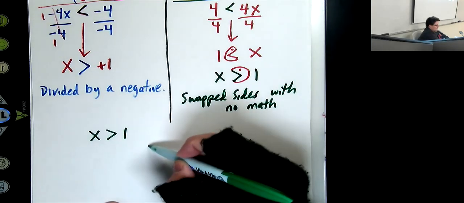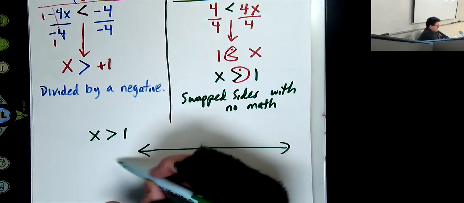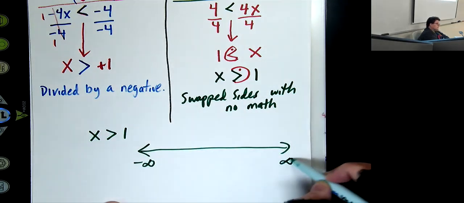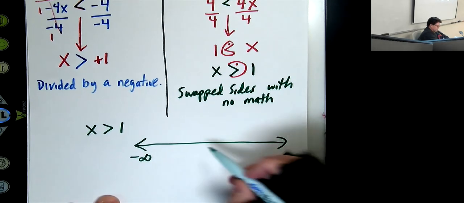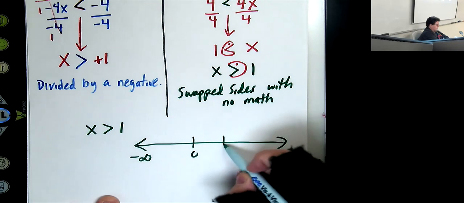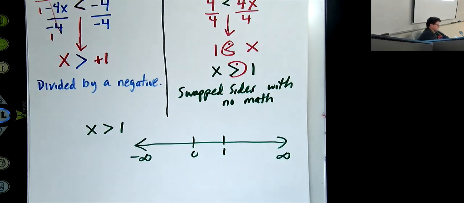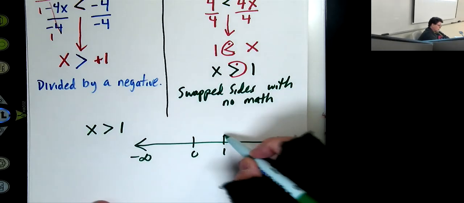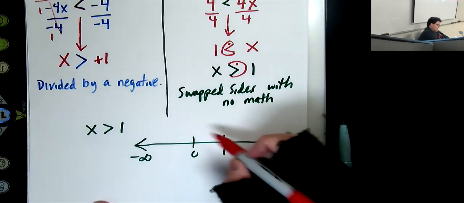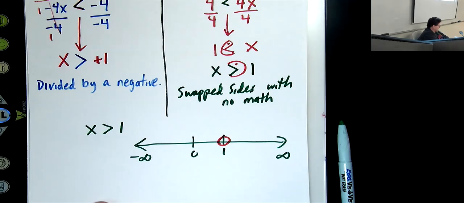If we do this on the number line, we put a hollow circle on the 1 because there's no equal portion.